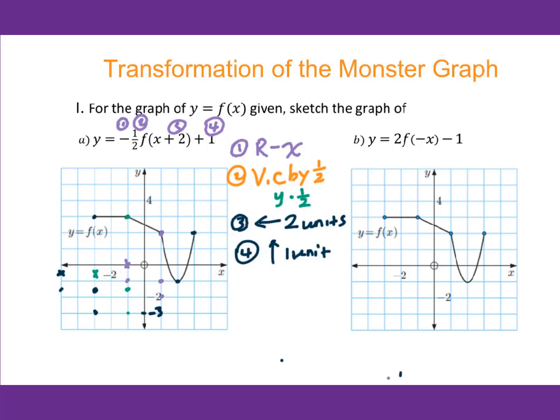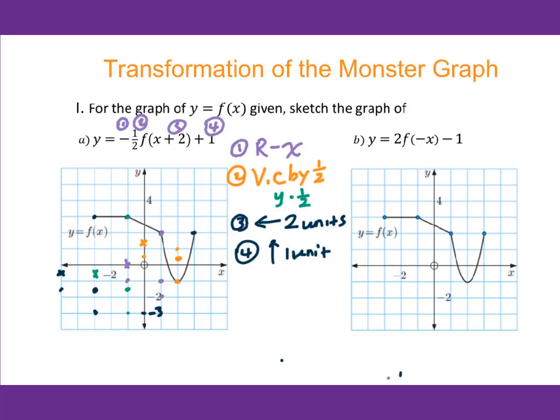Then we go to these points. Reflect across x-axis here. Then your y coordinate divided by 2, we go here. Then move to the left 2 units. And then go up 1. So this is the points.